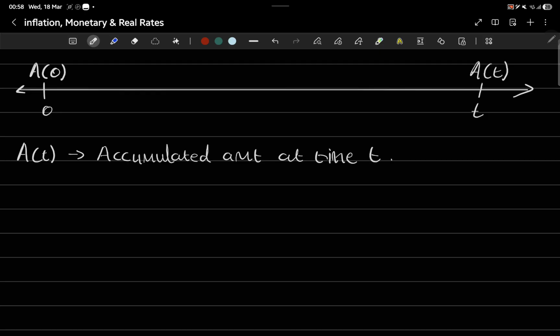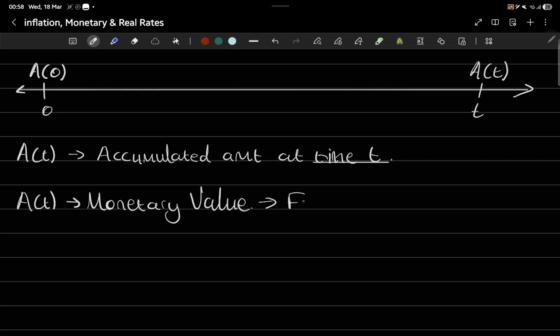At is the accumulated amount at time t specifically, and this means that At is a monetary value, because if you recall, a monetary value is a future amount at a specified future time.